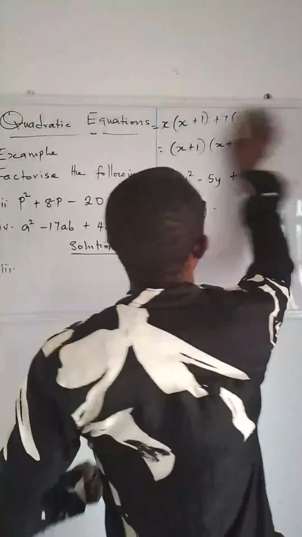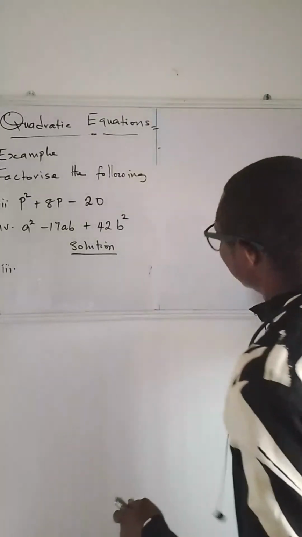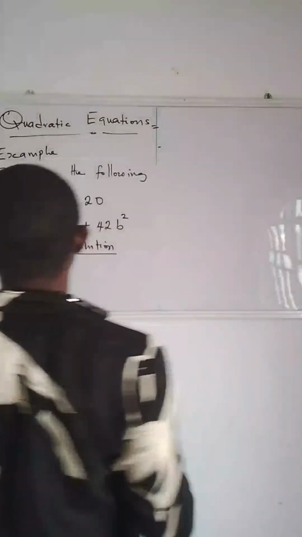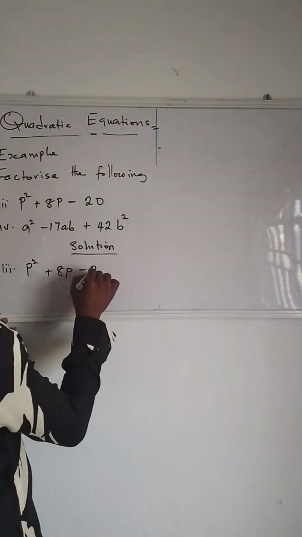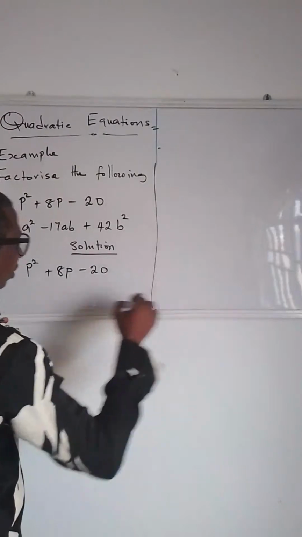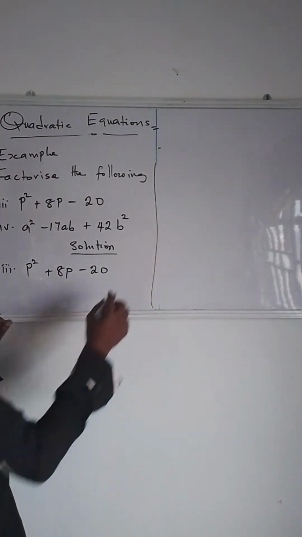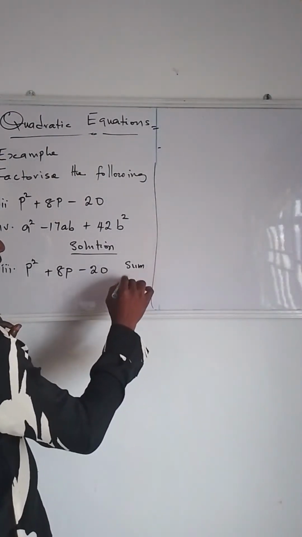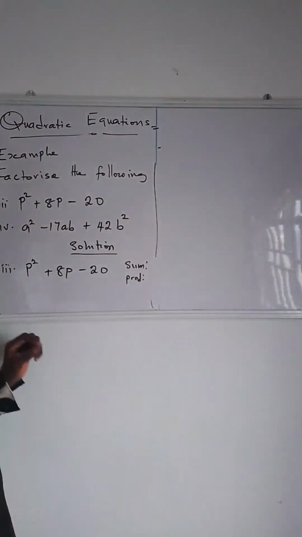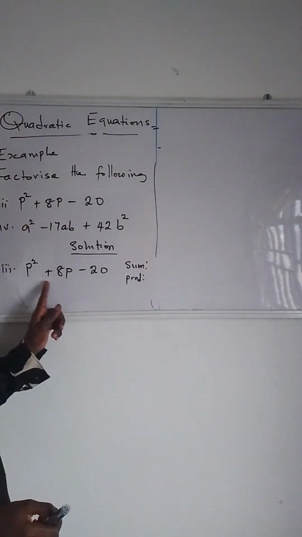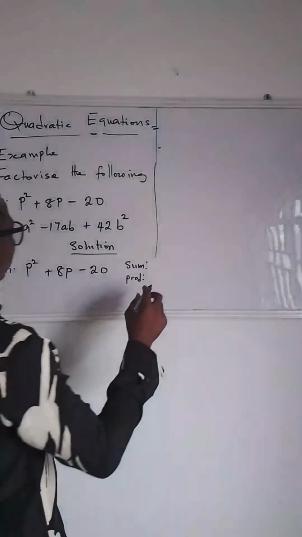So now let's look at it together. Okay, so we have p squared plus 8p minus 20. Now, the first thing is to look for the sum and product. So what's going to be the sum and the product? What's going to be the sum? You can see the number beside p, and that is plus 8.